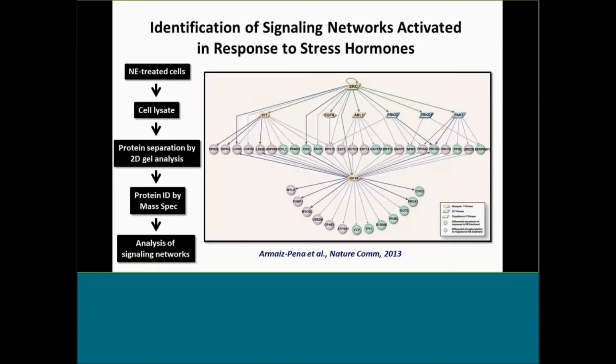So one of such experiments to try to look at specific cell types of interest was to do a 2D proteomic analysis of cells that had been treated with norepinephrine at stress-relevant levels.